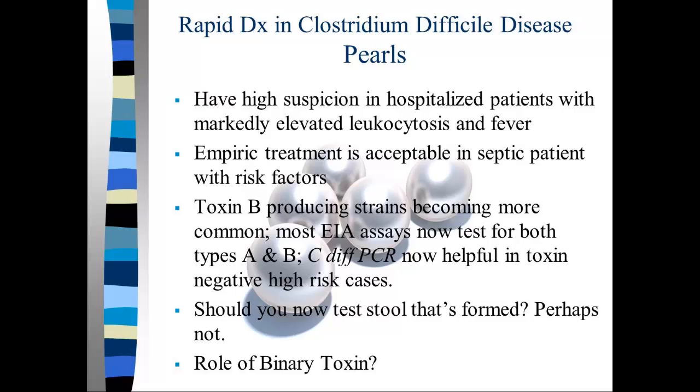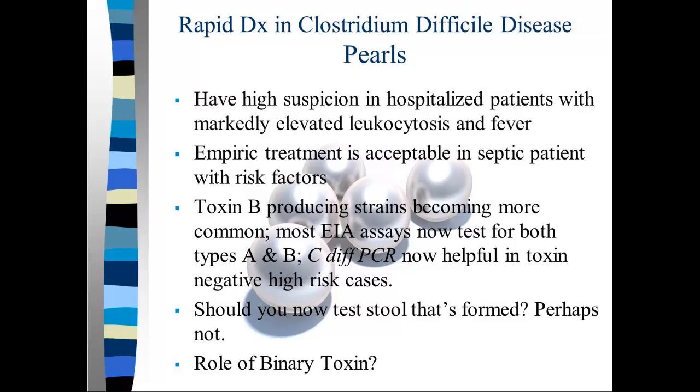Now that we use the PCR assays, we can't really test soft form stools anymore. Our labs reject those specimens. So unless a patient is really having watery diarrhea, should we send a C. diff at all? Well, that's a question we need to kind of decide for ourselves.